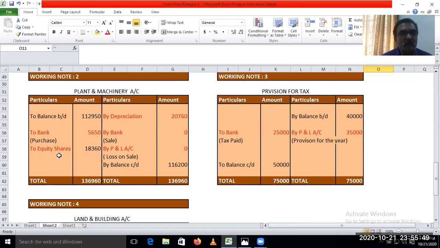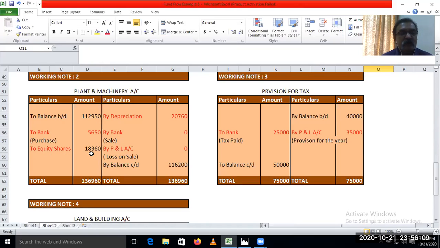Okay. Now the next one is purchase of new machinery by way of issue of shares. That also we are going to record on the fund flow statement, because there is a movement of fund. There is no actual movement of your liquid funds, but your share capital has increased, and because of that these assets have increased. So these are the corresponding effects, both of which we are going to give on the fund flow statement.